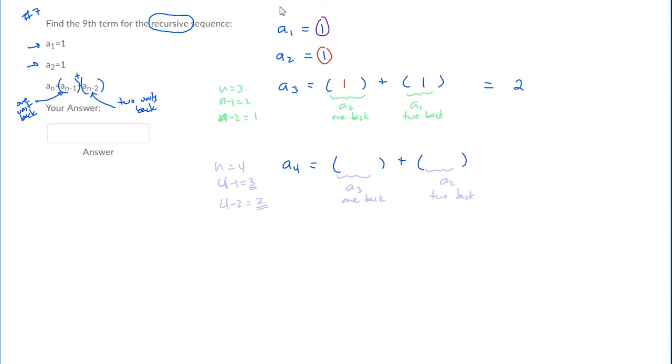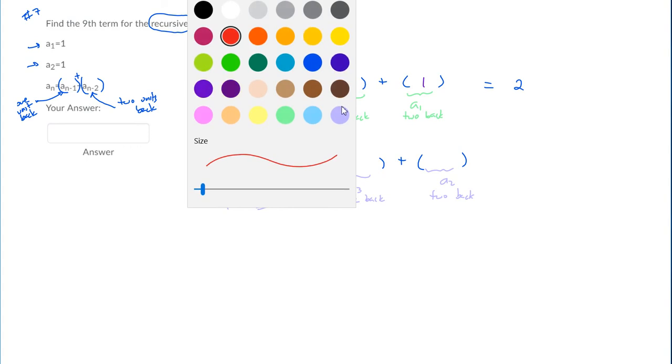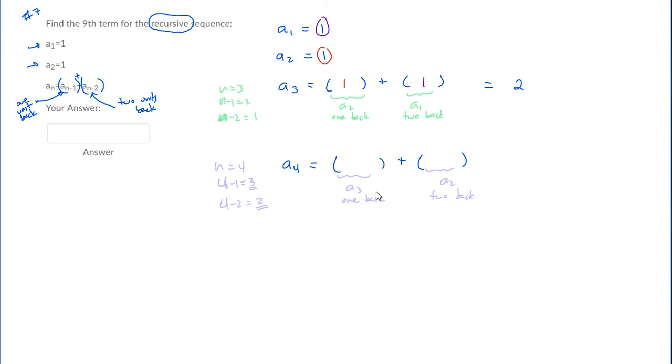So let's get those numbers. Let me do a different color, one we haven't seen. I'm running out of colors here. I guess I'll go with the yellow. What's 1 unit back? 1 unit back is A3. The A3 has the value of 2.